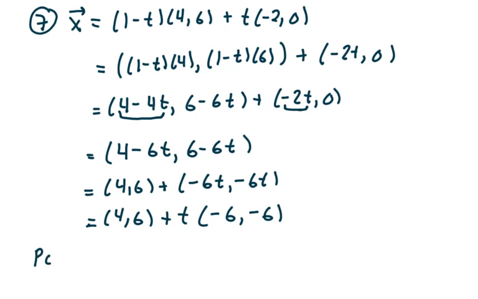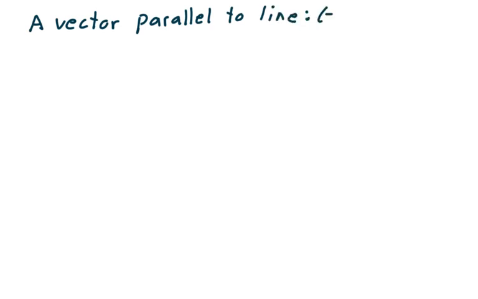So a point on the line, I would argue that we can use (4, 6). A vector parallel to the given line, I can use (negative 6, negative 6).